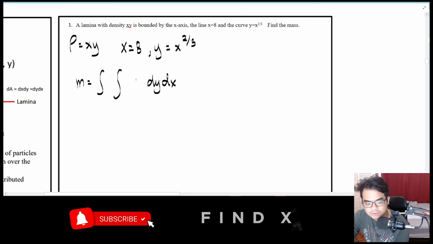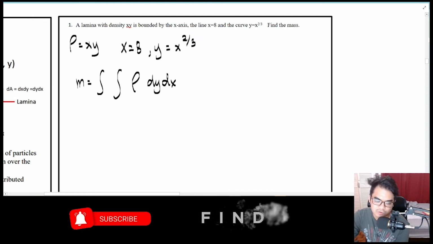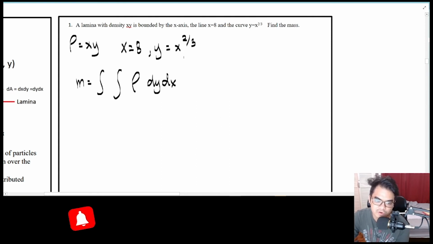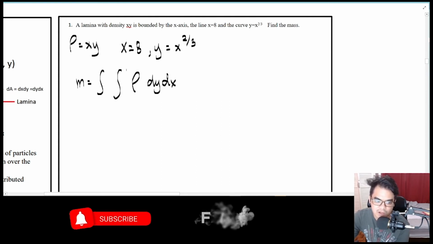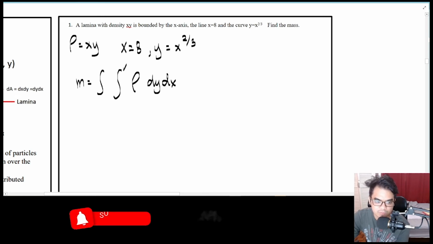Here we have rho, and the curve y is equal to x raised to 2/3. As you can see, y is already a function of x, so the inner limits must be a function of x. The upper limit for dy will be x raised to 2/3, from 0.